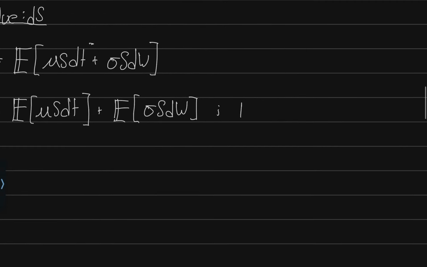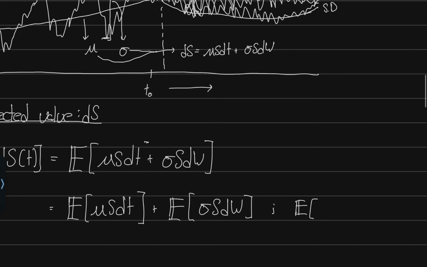Now, we know that the expected value of our Brownian motion, and I just realized I used dW, W standing for the Wiener process, but it's the same thing as dB, right? I just want to make a quick note of that. dB and dW can be used interchangeably.